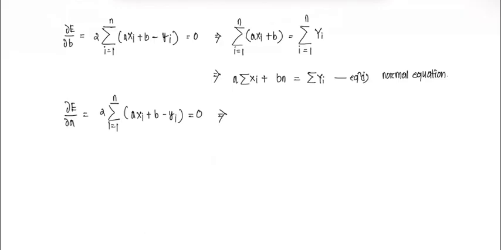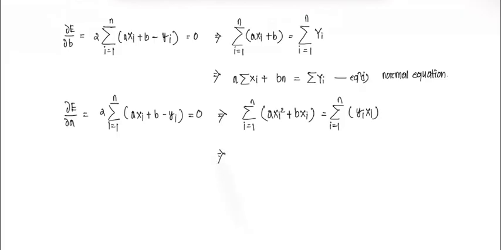What we will do here is multiply by xi on both sides. So 2 has vanished already. When we multiply by xi, the equation becomes a xi square plus b xi equal to sum of yi and xi, from 1 to n.